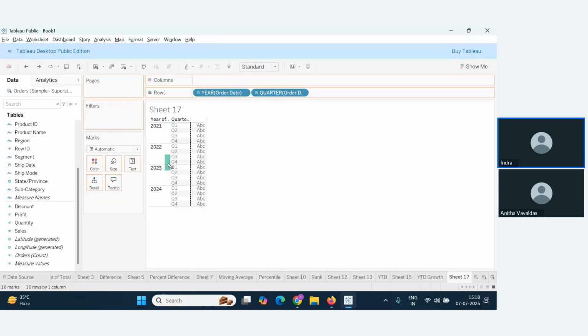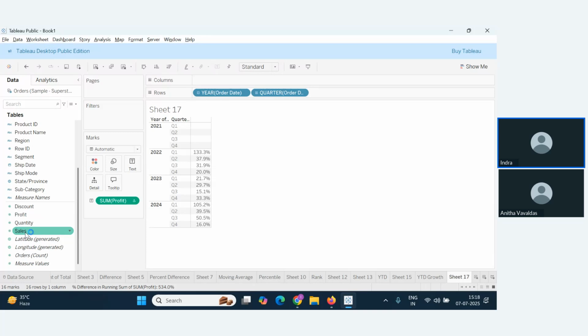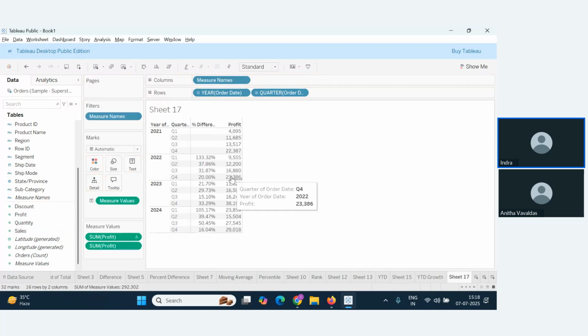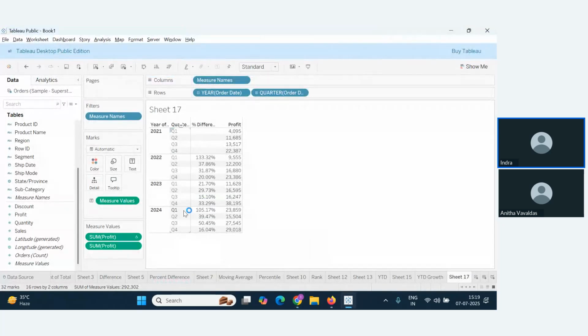Let's take profit. Now let's go to the quick table calculation, we select YTD growth. And let's take the profit next. So this is the profit level and this is the growth rate, the year to date growth rate. Am I clear? That is YTD growth.